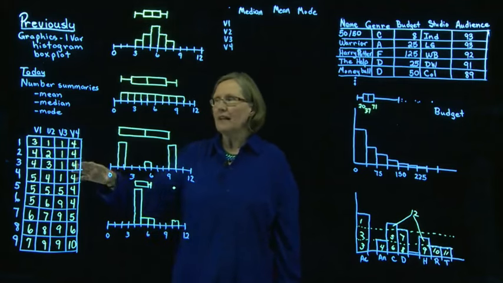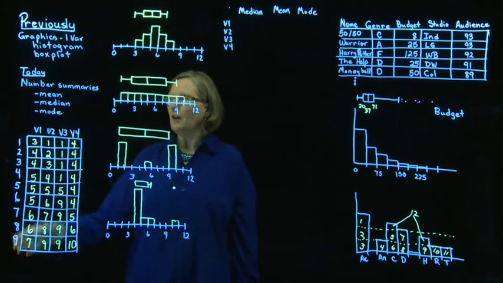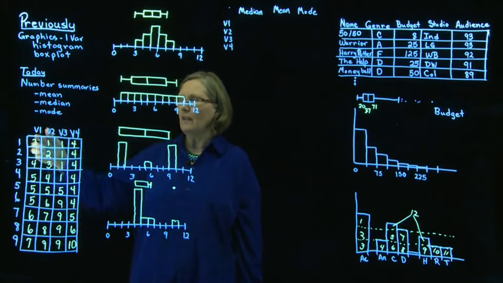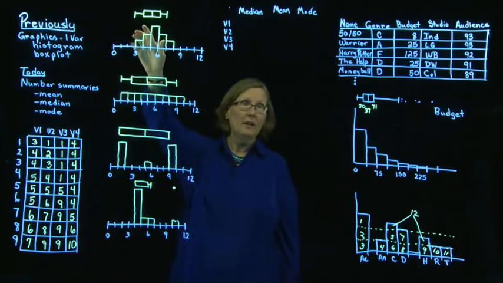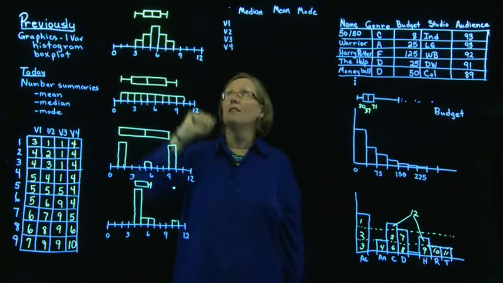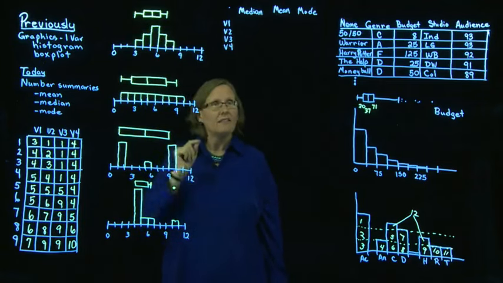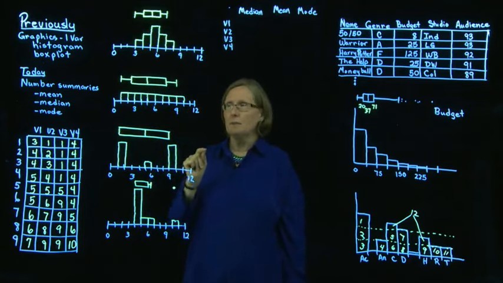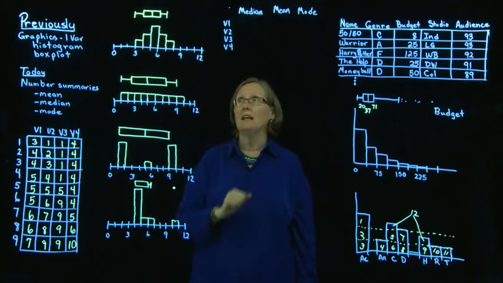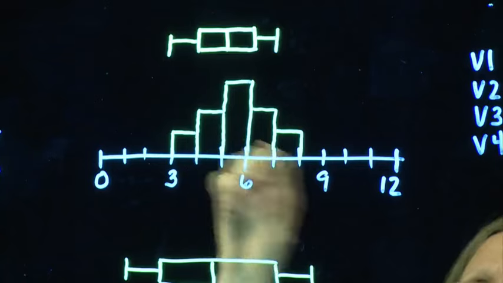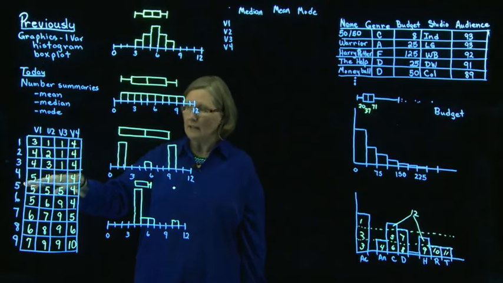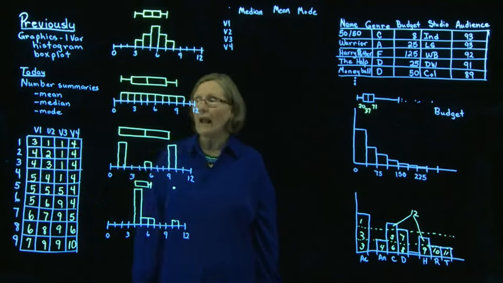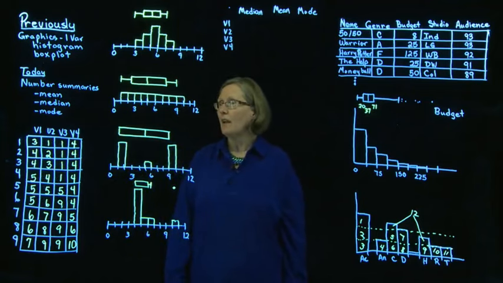Recall from the last video that our first variable had a 3, 2 4s, 3 5s, 2 6s, and a 7. To draw the box plot, we needed the 25th, 50th, and 75th percentile. The 50th percentile has a particular name, and it's called the median. The median is the 50th percentile. It's the point at which half the data observations fall below and half fall above.